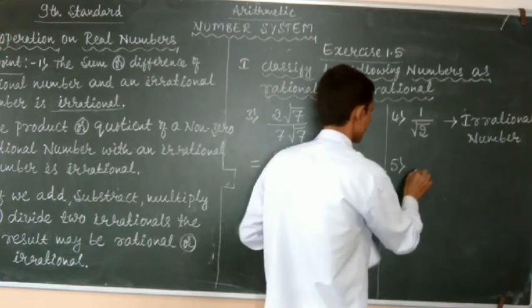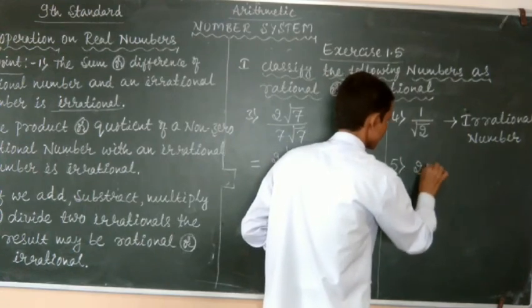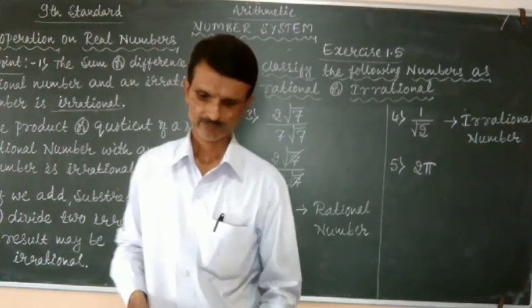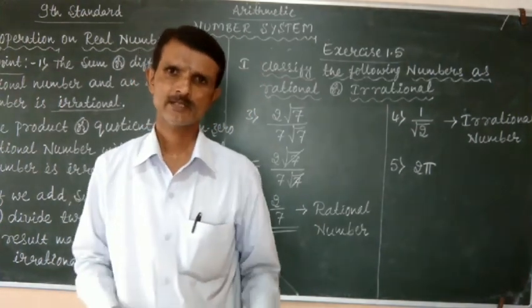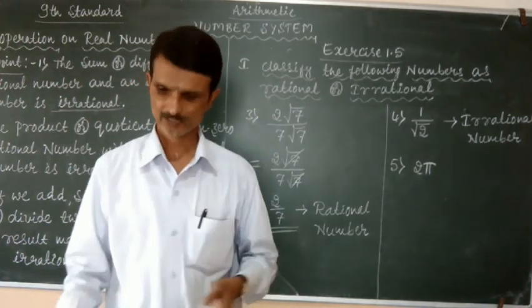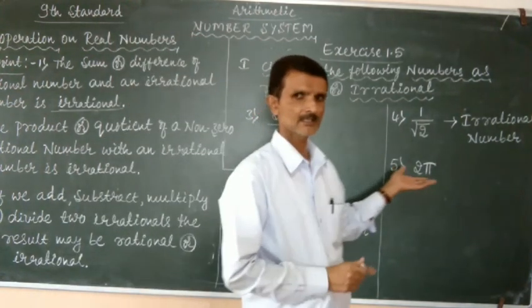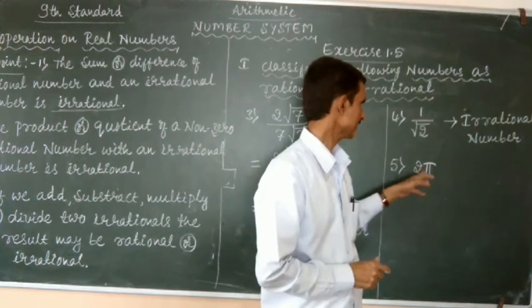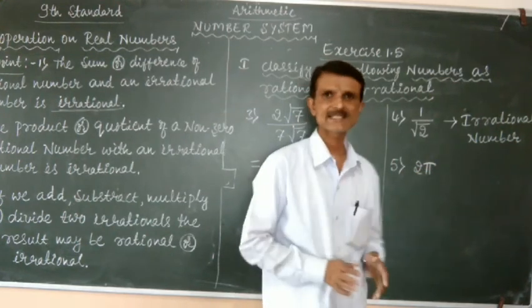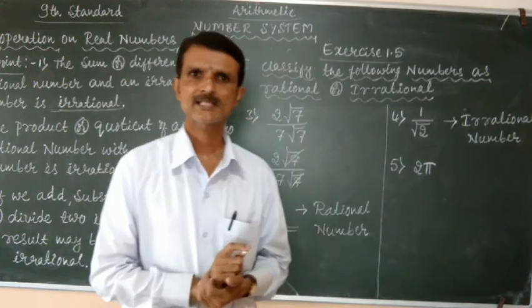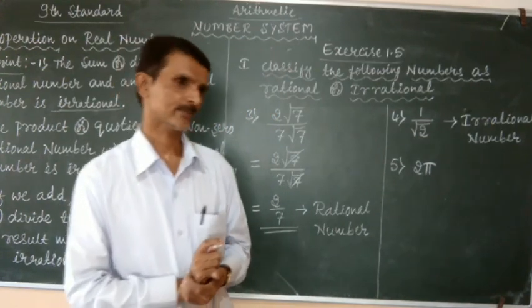The last one, the fifth one, is 2 pi. Here we have to say whether it is rational or irrational. In the previous class we have studied that pi is an irrational number. The product of a rational number, 2, and an irrational number is an irrational number.